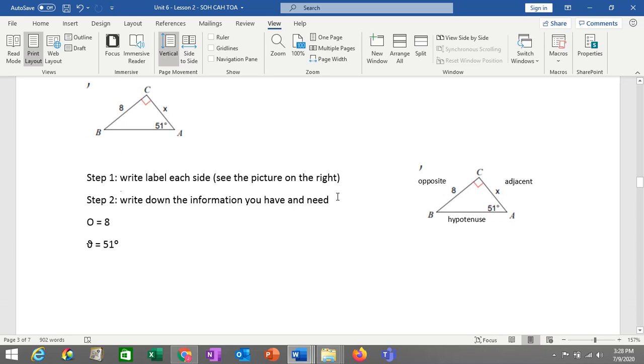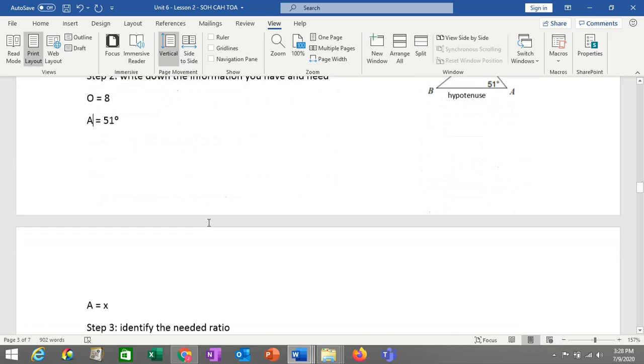Step 2, write down the information we need. We have the opposite side, which is a measure of 8 units. We have the angle, so again, instead of theta here, I'm going to call that A. Angle A is 51, and we're looking for side x, and side x would be the adjacent side.